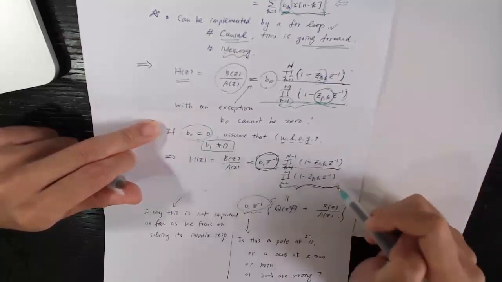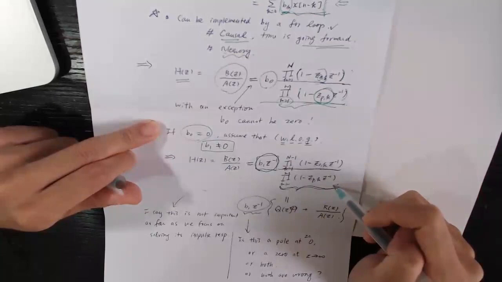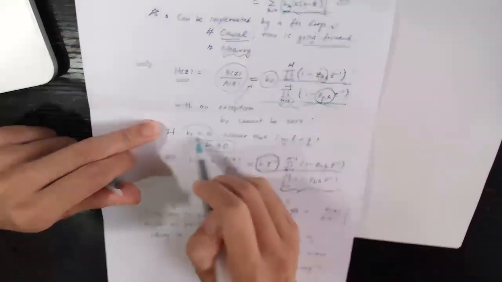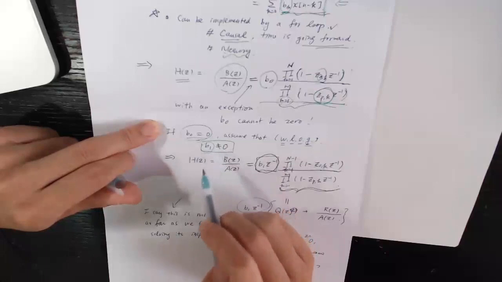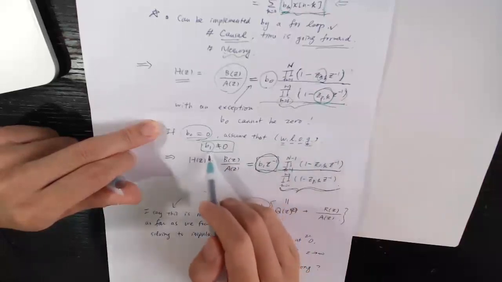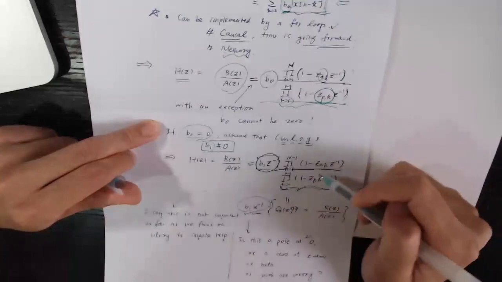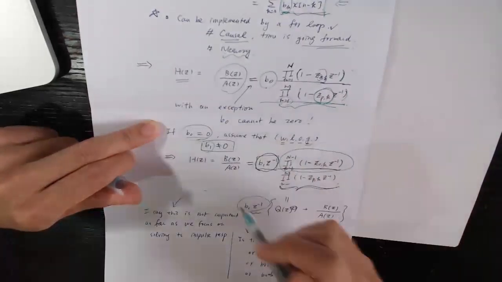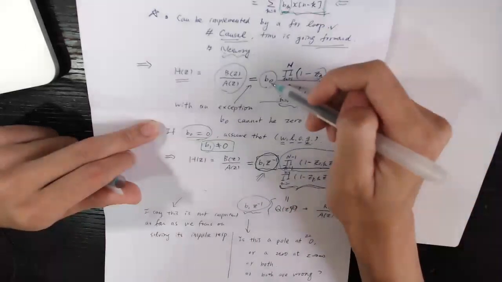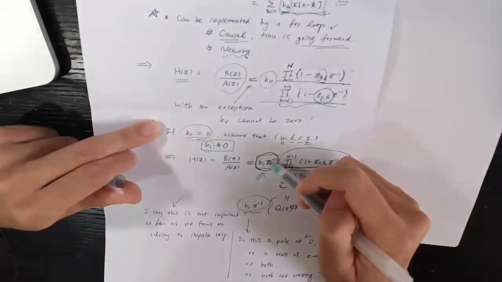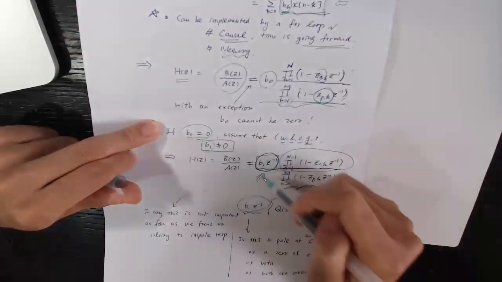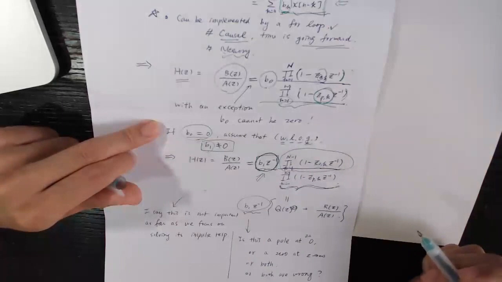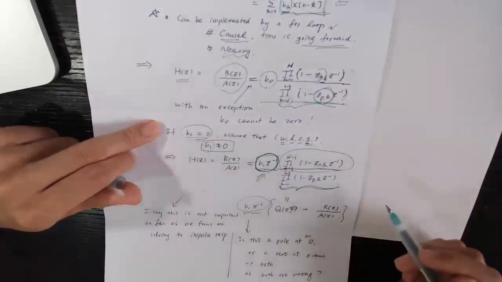The bottom part can always be factorized, and for the top part, if the leading coefficient is 0, we can find the first non-zero coefficient. Assume that is b1. Then this factorization can still be done. But outside here, instead of b0, we have b1 times z inverse. And this is exactly where the problem occurs.